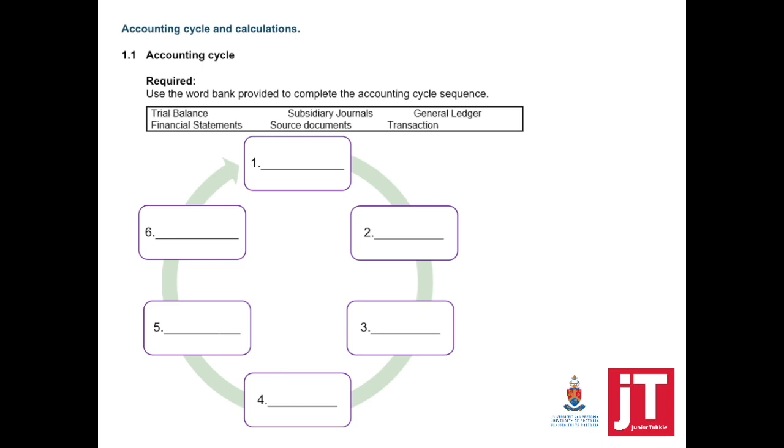So in our accounting cycle, our first step is a transaction must take place. For every single transaction, there must be proof, evidence that that transaction took place, and that is what we call a source document. Then we can post it to the relevant journal, and relevant journal, yes, there's 8 different journals, technically 10 different journals which you are going to learn.